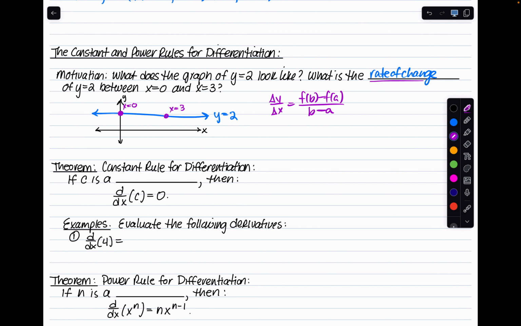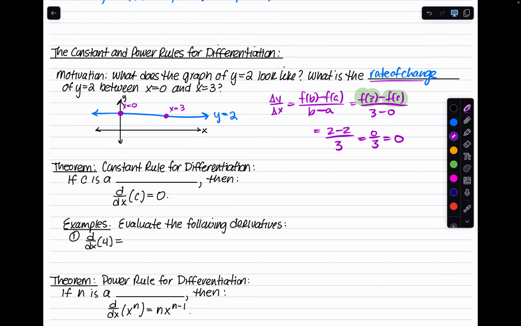The rate of change of this function between 0 and 3 would be the function evaluated at 3 minus the function evaluated at 0 over 3 minus 0. The function evaluated at 3 and 0, however, are exactly the same. We've got the function y, or f of x, equals 2. So in that numerator there, we've got 2 minus 2 over 3, or 0 over 3, or 0.